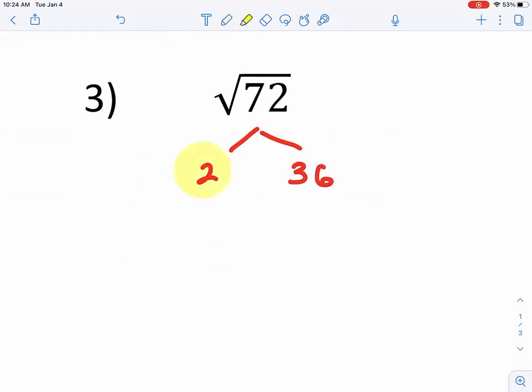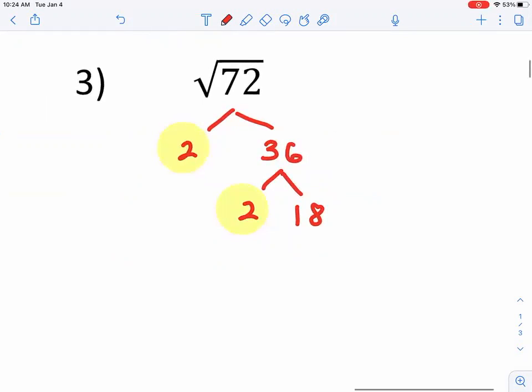Now 2 is prime, so that's good, but I have to split up 36. That's even also, so I could just play the even game and split that up into 2 and 18. And 18 is even, so I could split that up into 2 and 9.